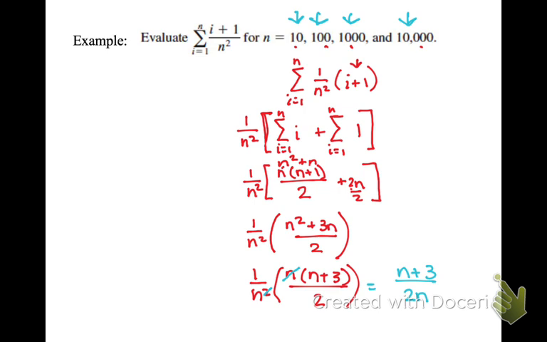Okay, so for n equals 10, I'm pretty sure that's 13 over 20? Yep. So n is 100. 103 over 200.